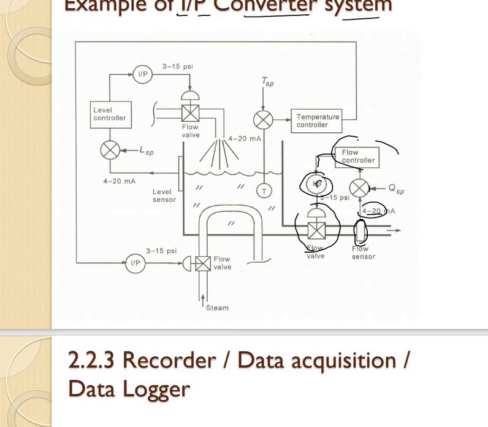Because normally a valve is operated by pressure. The opening of the valve is manipulated by the air inside the valve, so that air is connected to pressure. So here we can see after the controller, there is a current to pressure converter in order to convert the signal sent from the controller, so that the valve can read the signal.